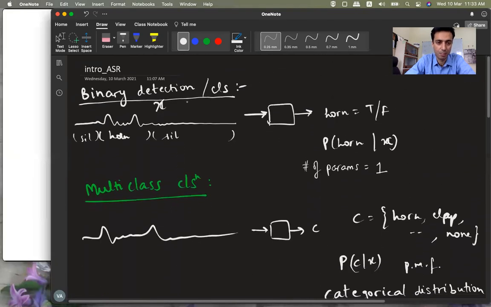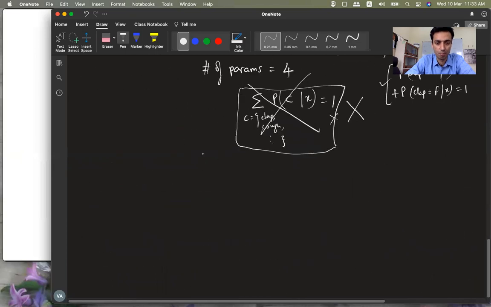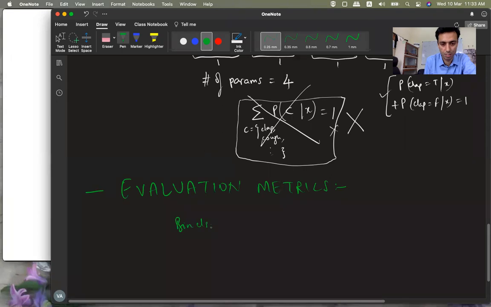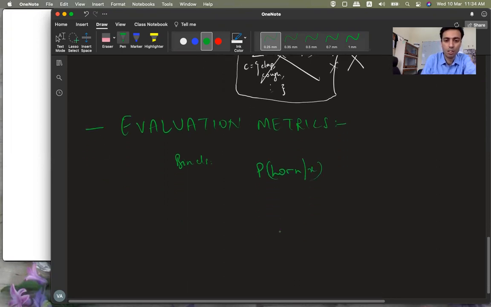Let's say binary classification, the simplest case, a binary classification problem. This is again the evaluation metric. For binary classification, we have the probability of horn given X. False acceptance means there was no horn, but it still said horn.